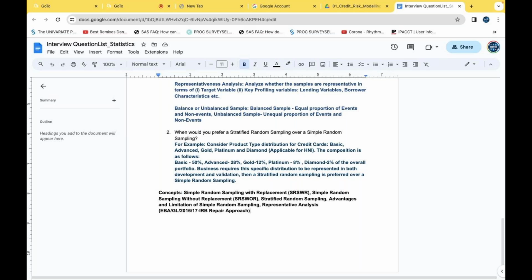So if you are answering the representative analysis based on the IRB repair EBA GL 2016-17, the answer would be a 10 on 10 for any PD model.